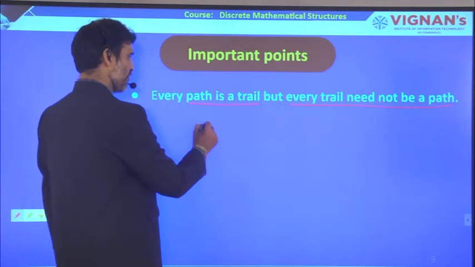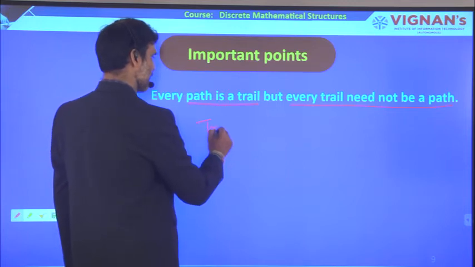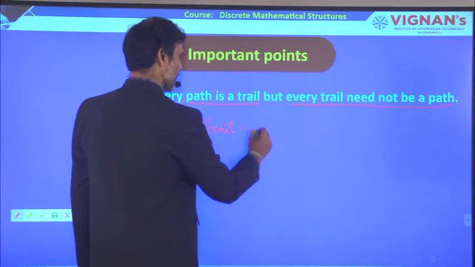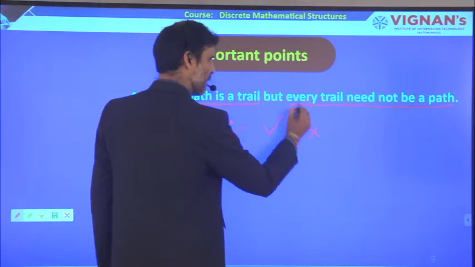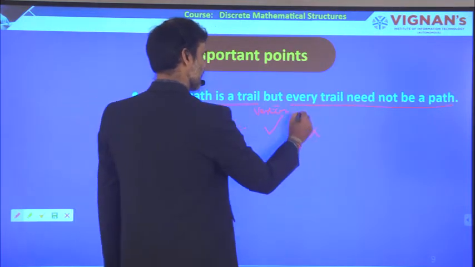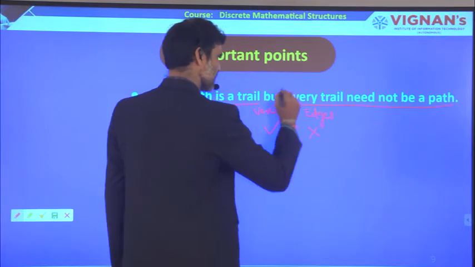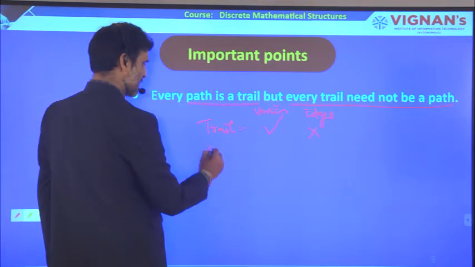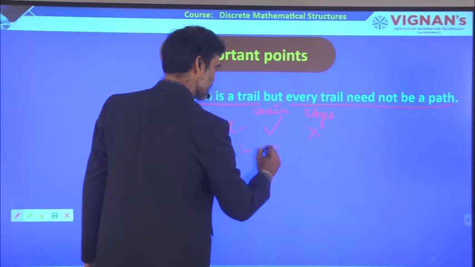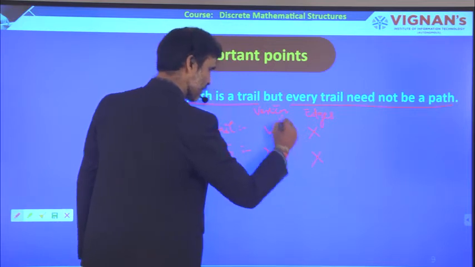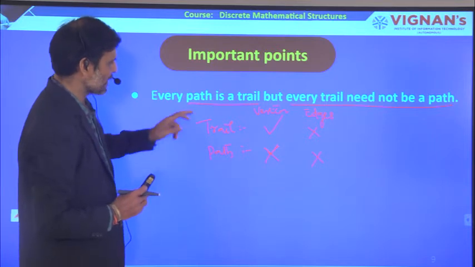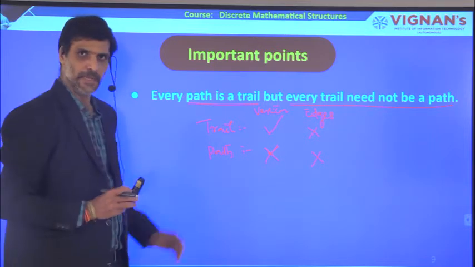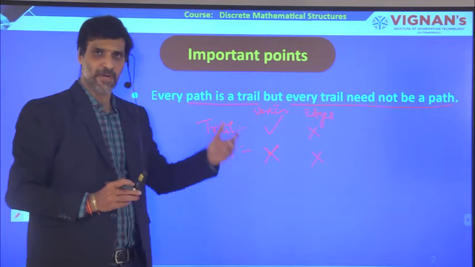Just now we defined a trial: vertices may be repeated but edges may not be repeated. Coming to the case of a path, both may not be repeated. So a path is a trial, as we defined already.